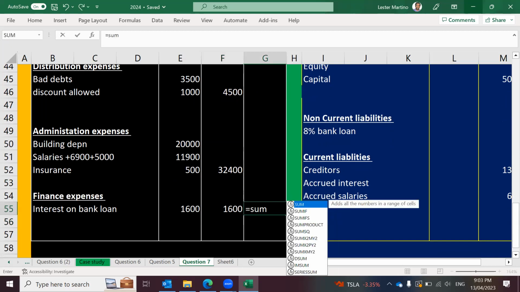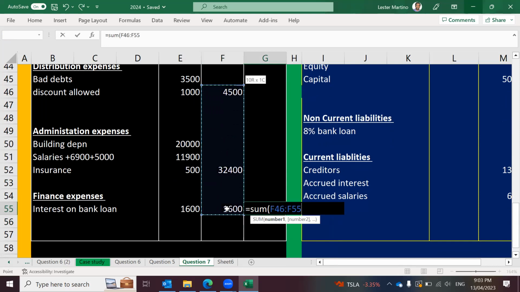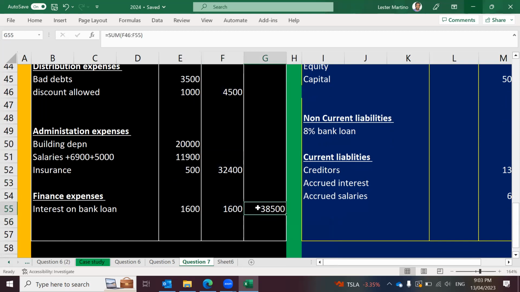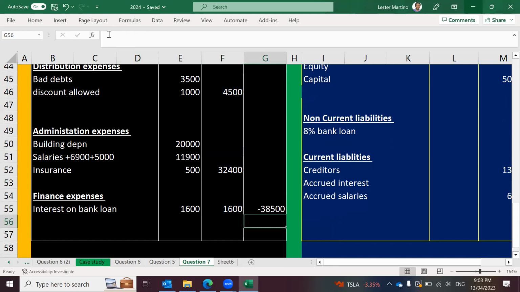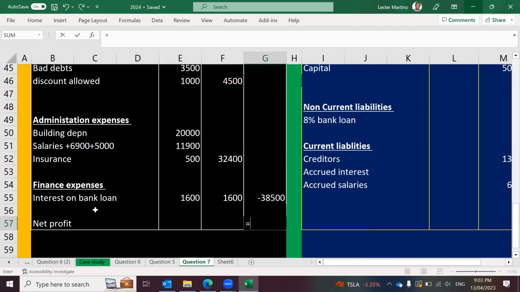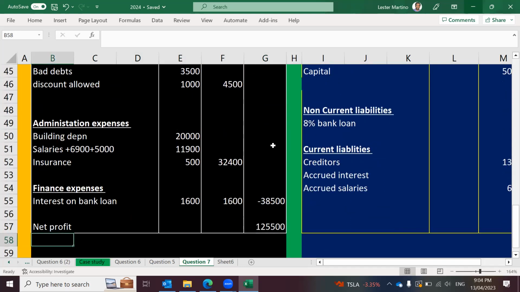And take the total of all the expenses. And can you calculate the profit? Net profit we call. 125,500 is your net profit.